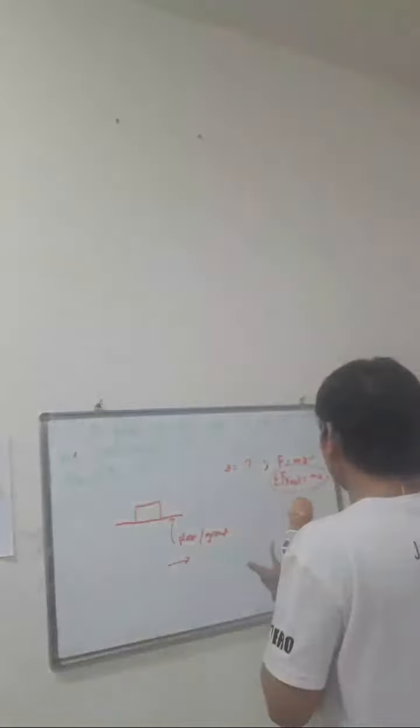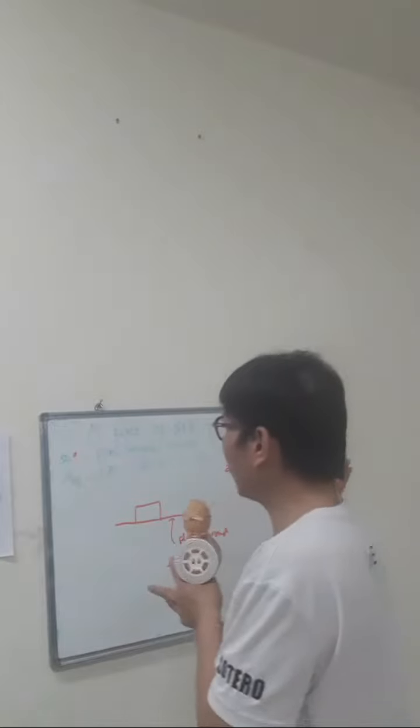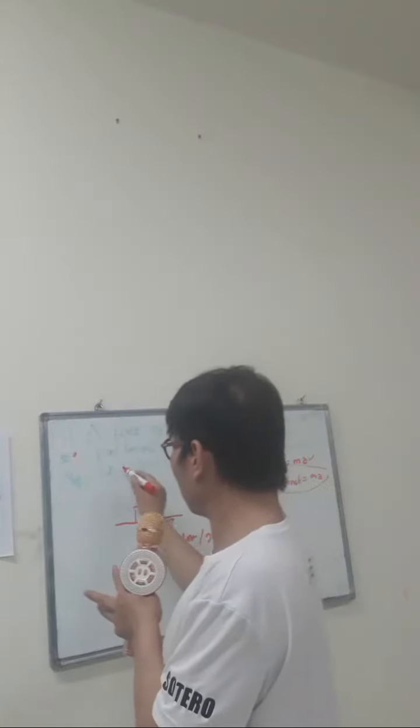Acceleration in motion is only small a, and acceleration due to gravity is small letter g, which is upward and downward. If you interchange these, you will be wrong. Now your kinetic friction coefficient is 0.25.